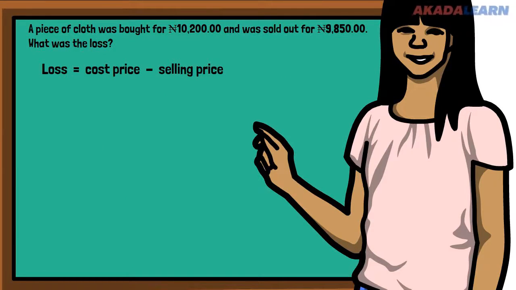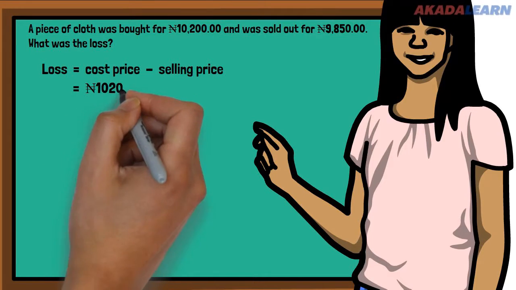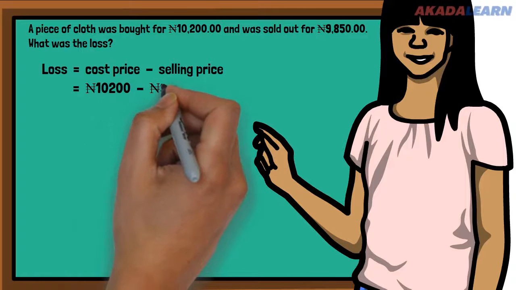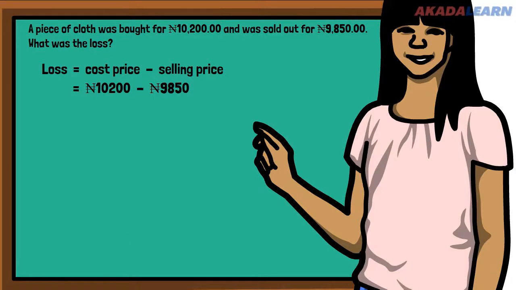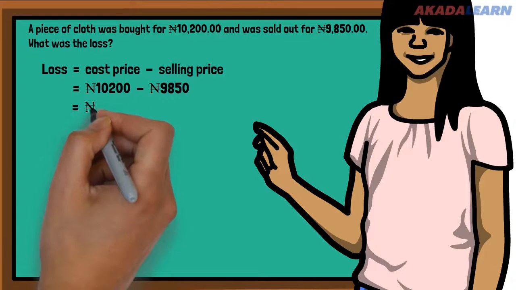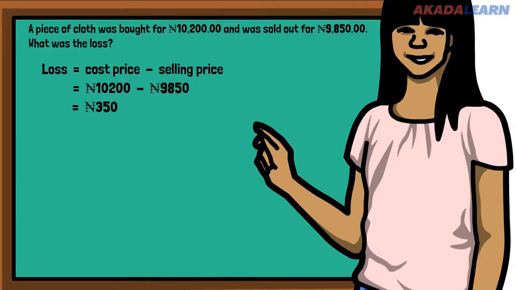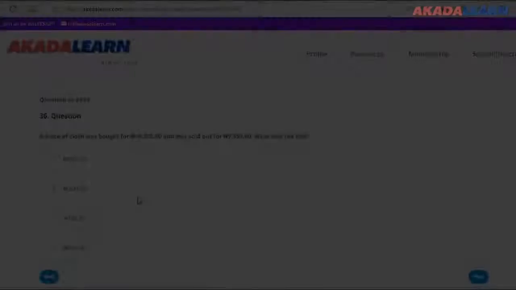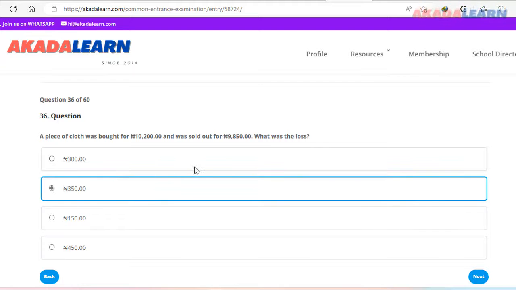The cost price is 10,200 minus the selling price, which is 9,850. When you subtract the two, that gives us exactly 350 naira, which is your answer. So from the video we can see that the answer is 350 naira.